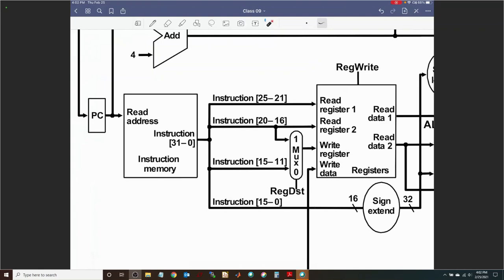In the R-type instruction, we had RS, RT, RD. In the load and store, we had RS, RT, which is why we have another mux here for that third option. We can either pick RT or we can pick RD to function as our destination register.